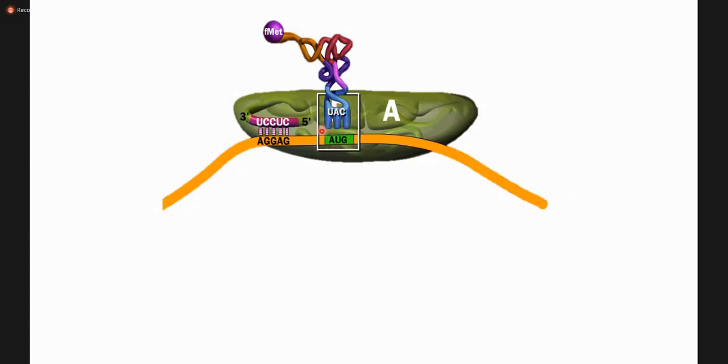The messenger RNA will align itself with the smaller subunit because of the Shine-Dalgarno sequence, which aligns the messenger RNA with the exact site, the peptidyl site. The AUG will occupy the peptidyl site. In this way, the messenger RNA will bind with the smaller subunit of the ribosome.